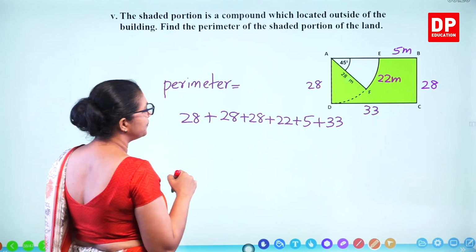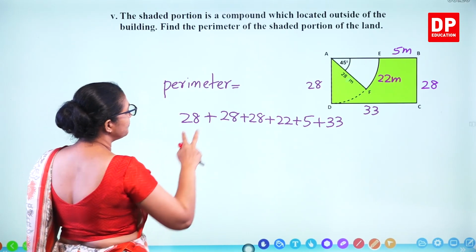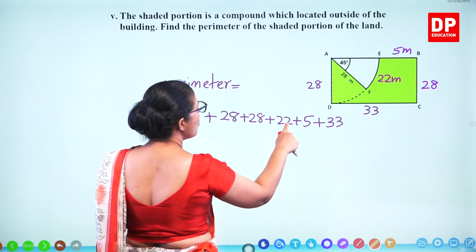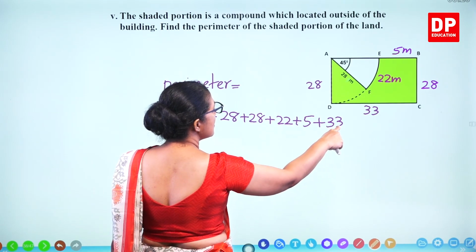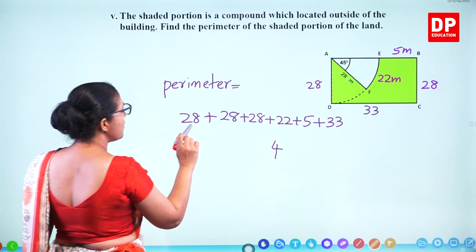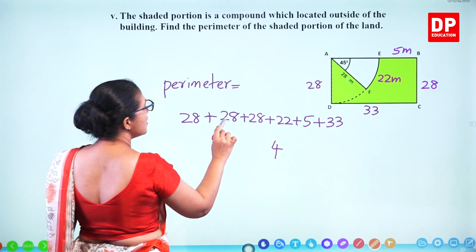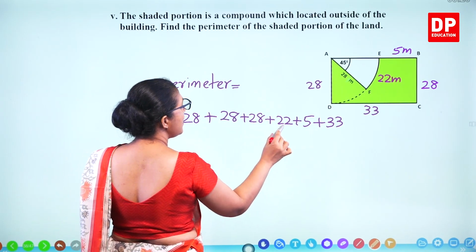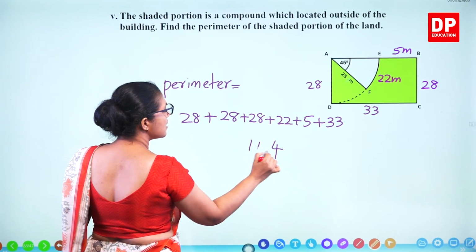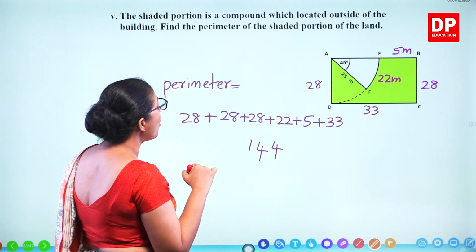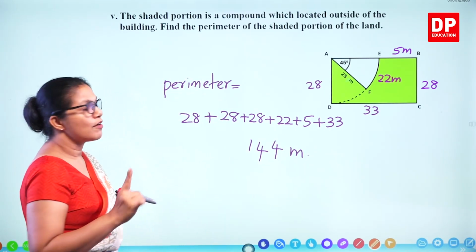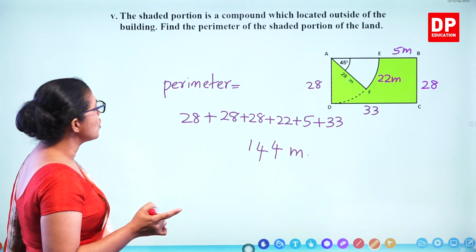So what's the value? 8 times 3, 24, 26, 29, 34. 3 remaining, 5, 7, 9, 11, 14. So 144 meters is the perimeter of the shaded portion.